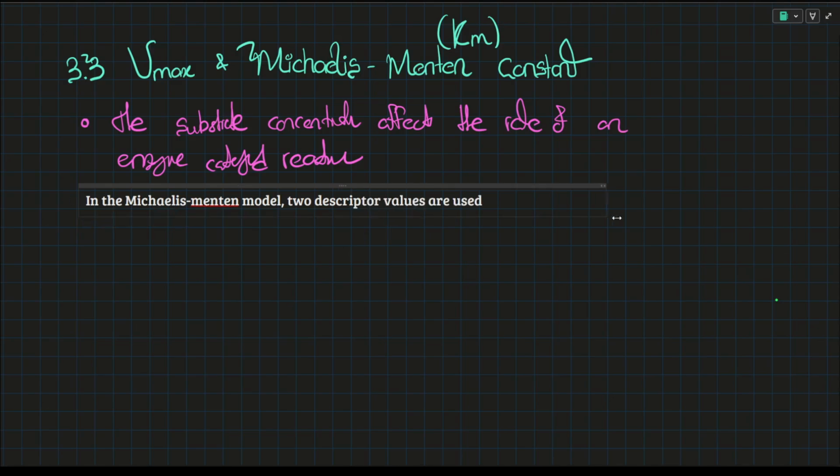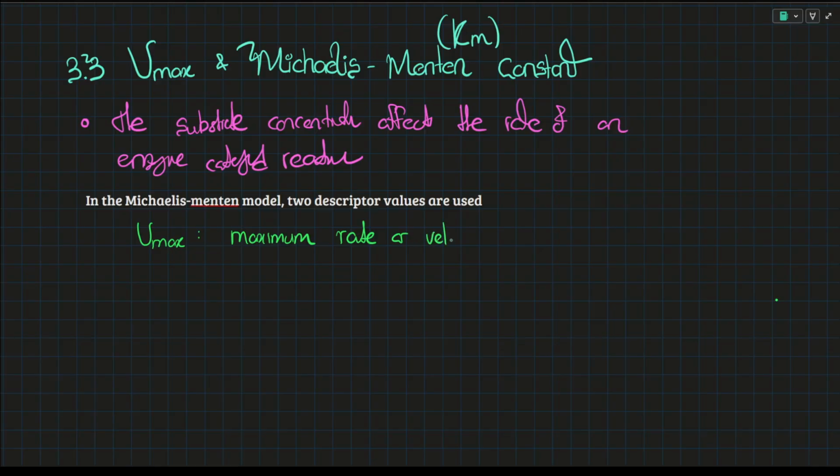The first descriptor value is going to be the Vmax, simply the maximum velocity, maximum rate or velocity of a reaction.